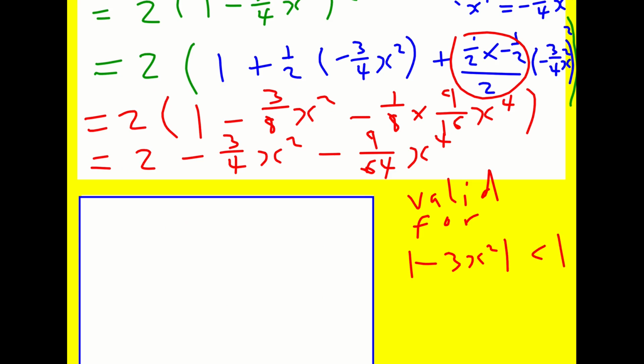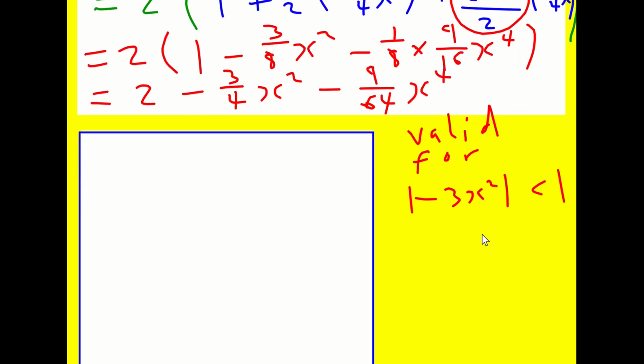Okay. Notice the negative doesn't really matter. Although I realize x squared is always going to be positive, but x could be negative. So anyway, let's think about what's going to happen here. When I take the modulus, the modulus means you take the absolute value, so you always take the positive.